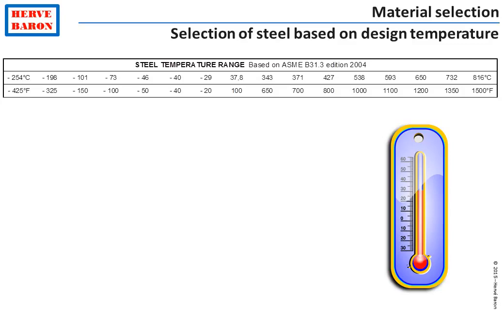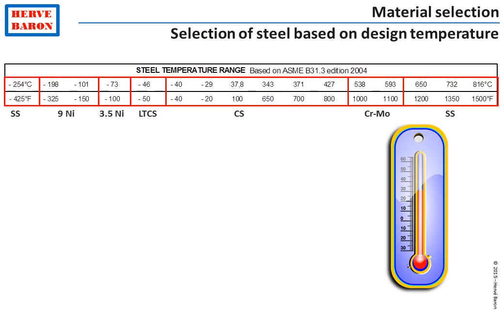For instance, carbon steel is suitable for a temperature range between minus 29 degrees Celsius and 427 degrees Celsius only. Below that, low temperature carbon steel, and then alloys up to stainless steel need to be used. Above that, stainless steels also have to be used.